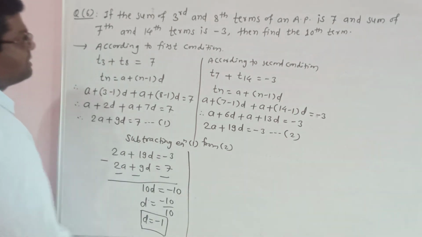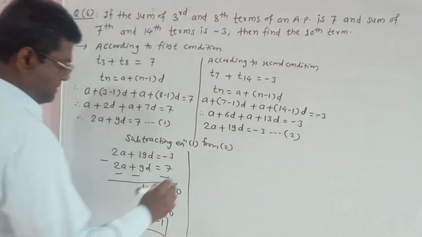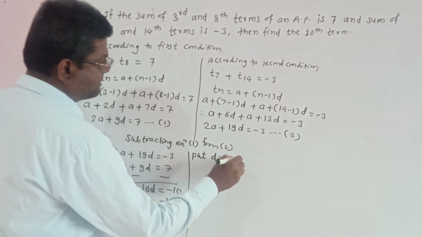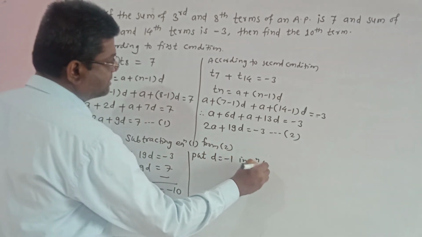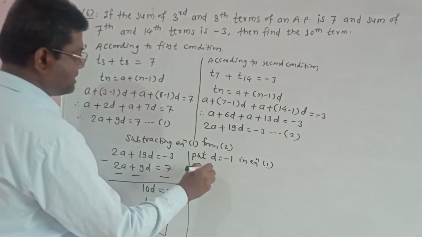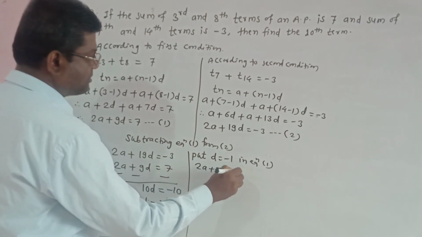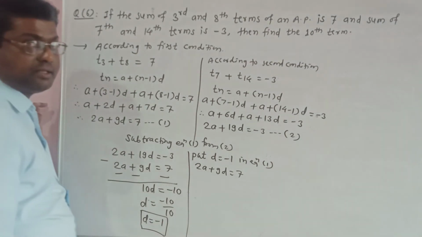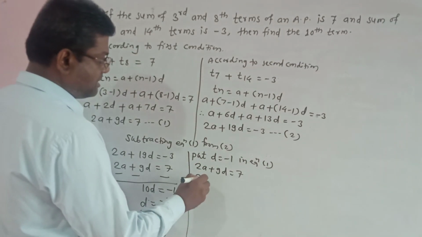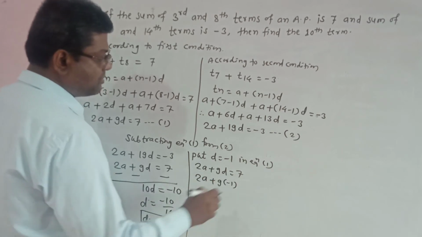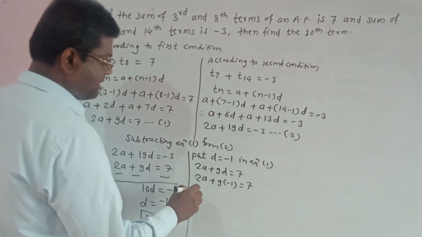Let's find the value of A. Now put D is equal to minus 1 in equation 1. So equation 1 is 2A plus 9D is equal to 7. Put the value of D is equal to minus 1. Therefore 2A plus 9 into minus 1 is equal to 7.